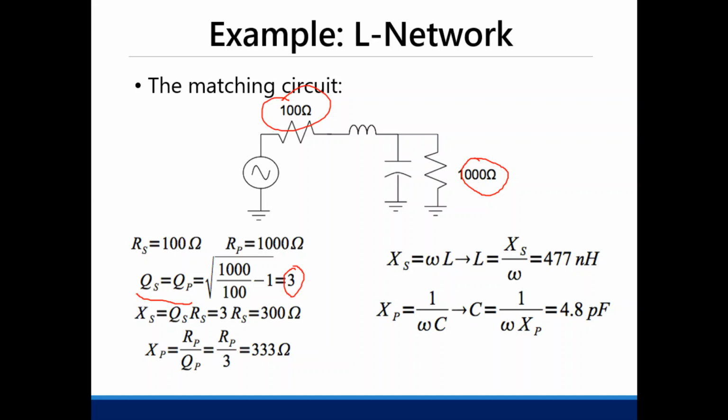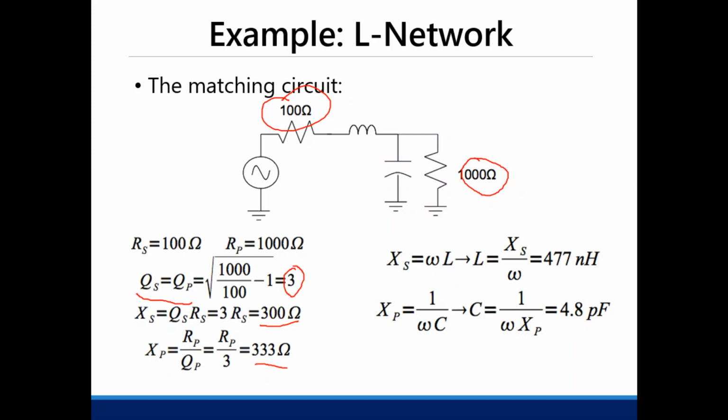Your series reactance should be equal to Q times RS, which is 300 ohms, and your parallel resistance RP is 1000 divided by 3, around 333 ohms.